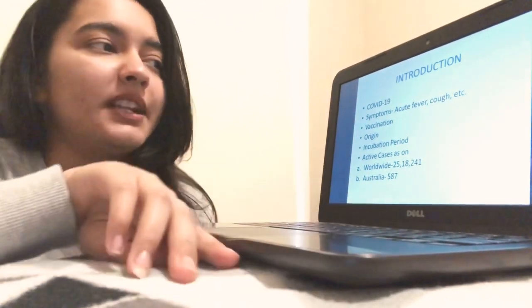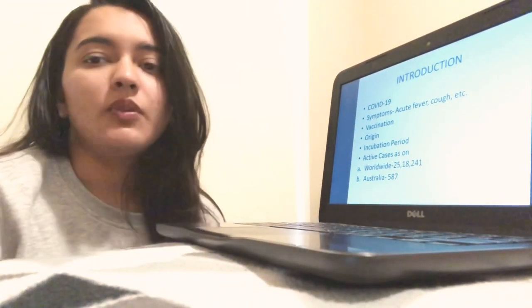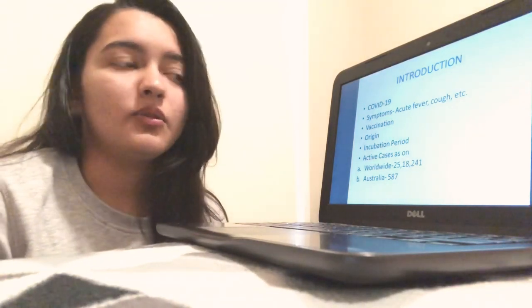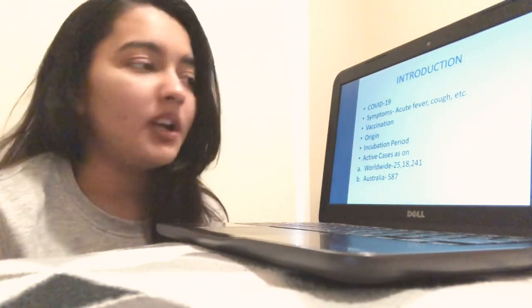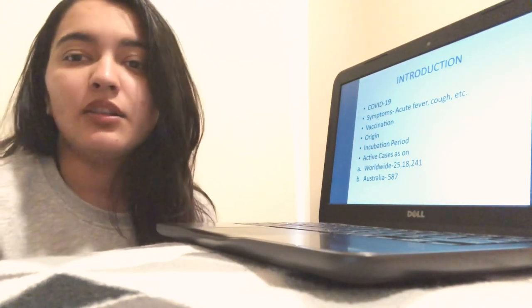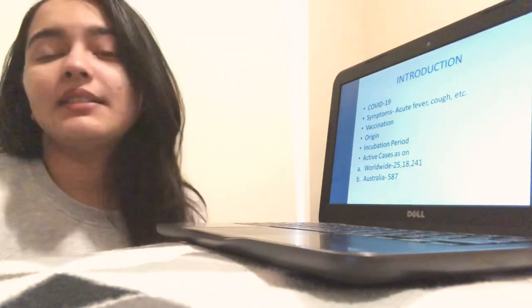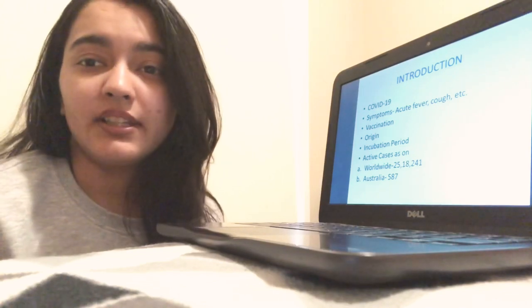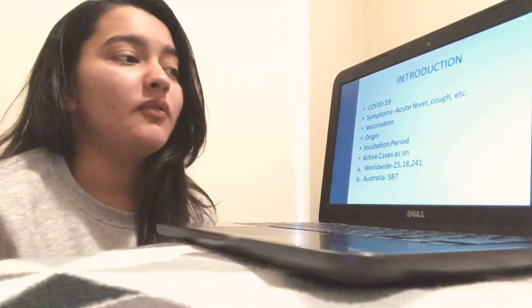So starting with the introduction, what is COVID-19? Here CO stands for corona, VI stands for virus, D stands for disease. And 19 stands for the year it was discovered in.